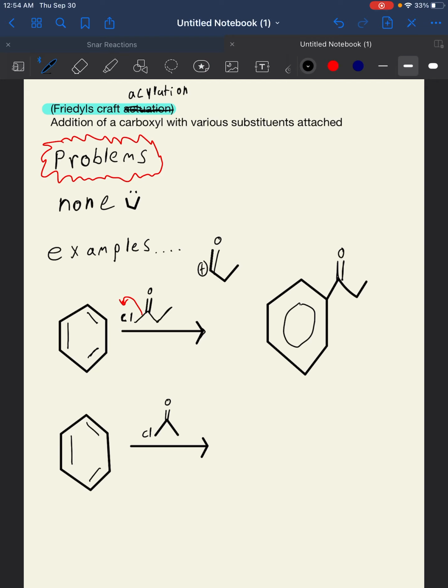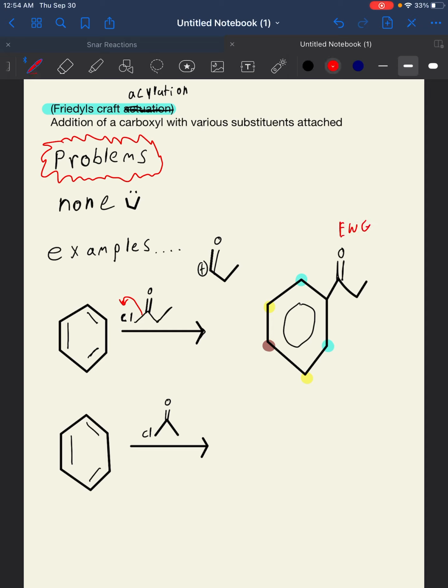Now then, let's go a step further. I just want to think about some things here first. 2 ortho positions, 2 meta positions, a para position. Now what do we do here with this reaction? We added on an electron withdrawing group.